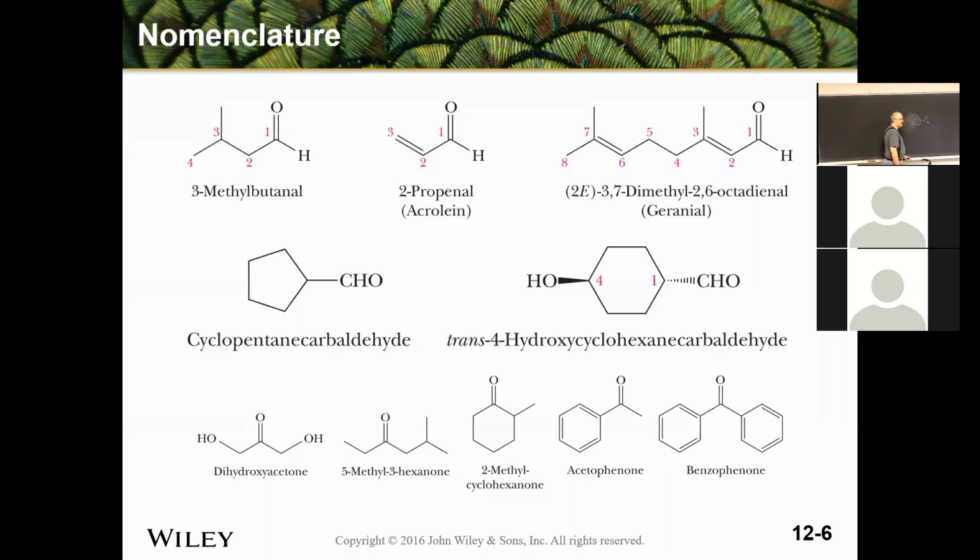To call this one cyclopentanal is also incorrect because cyclopentanal implies there's only 5 carbons, but you can see that there's 6, and so the carbaldehyde takes care of the additional carbon.